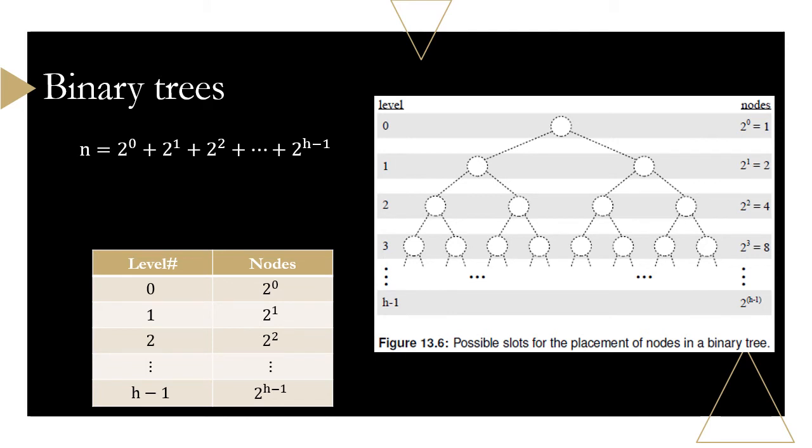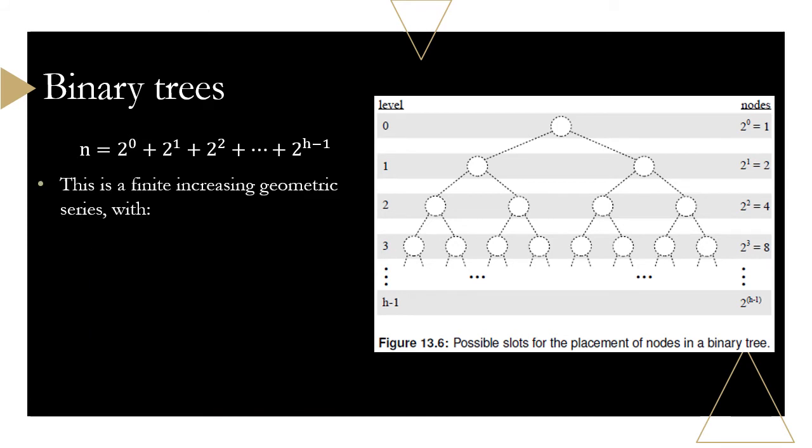From this table, if I have a tree of height h, then the total number of nodes in this tree will be found by adding the number of nodes in each level, and that's what I do. This is a finite increasing geometric series. Do you remember the summation formula? The first term is 2 to the power 0. The ratio is 2 and the total number of terms here is h.